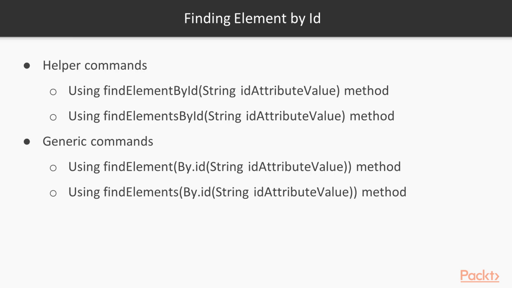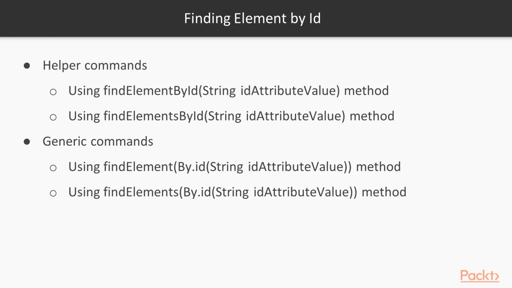Finding elements by ID is one of the easiest ways. The findElementByID and findElementsByID methods are the helper methods, which directly pass the ID attribute value to these helper methods. The findElementByID method call returns a WebElement object and the findElementsByID method call returns a collection of WebElement objects.